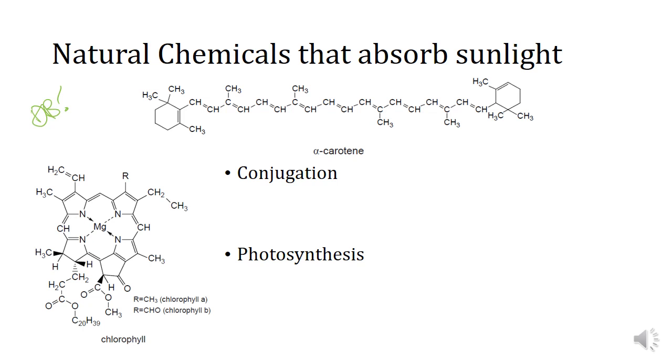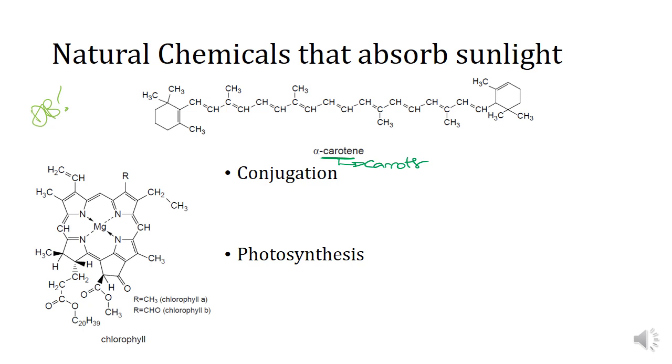So most organic molecules, as we discussed in the organic topic, absorb light in the UV range. That's why UV light is such a powerful catalyst for organic reactions. But when we look at something like alpha carotene, and as the name suggests, this is in carrots, it is that orangey colour.